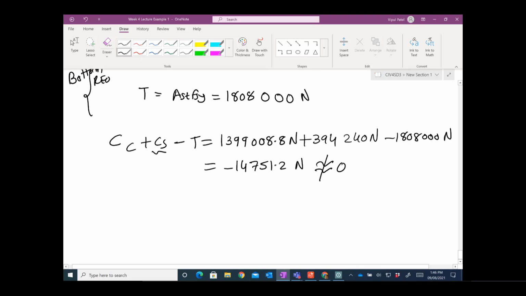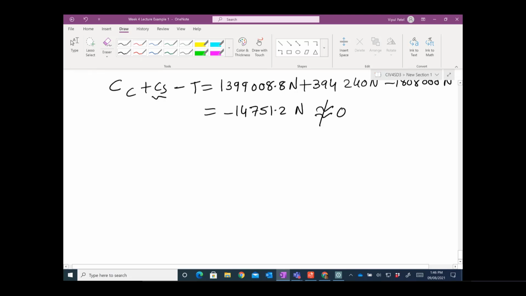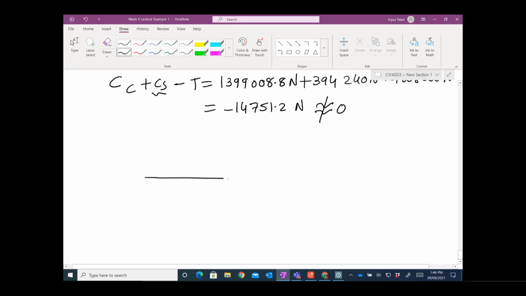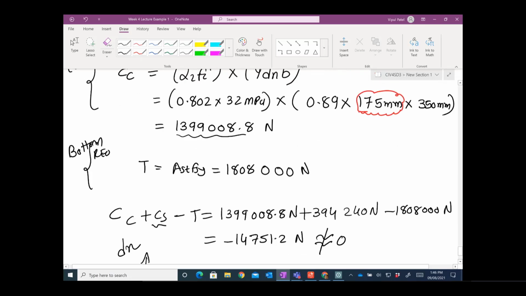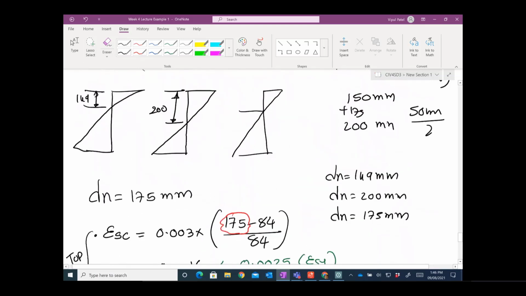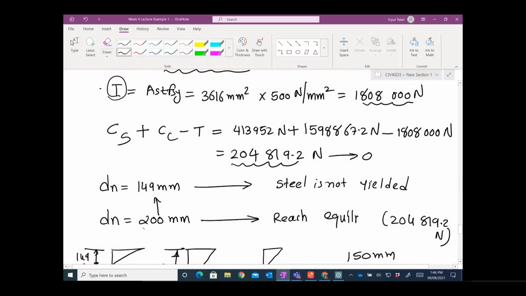But we have good news here. Good news meaning, look, this is the zero line that we are targeting, right? When you have dn, let's say this is dn. When dn is 200 millimeters, that's what we have done, right?